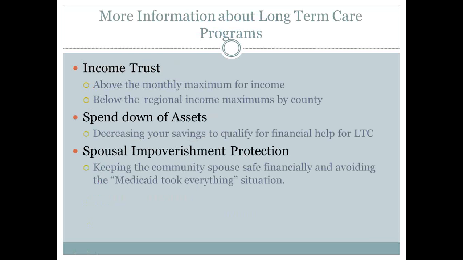Okay, so let's go on to talk a little bit more about the long-term care programs and what things affect those. So we've talked about income, and these are things that go directly related to your income. So the income, again, is money coming in, Social Security, pensions, any other kind of retirement benefits, anything from a 401k or an IRA, those kinds of things, anything that's generating monthly income for you would be considered income.